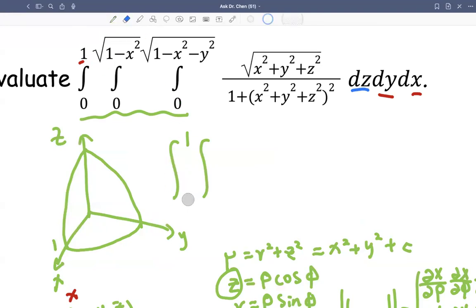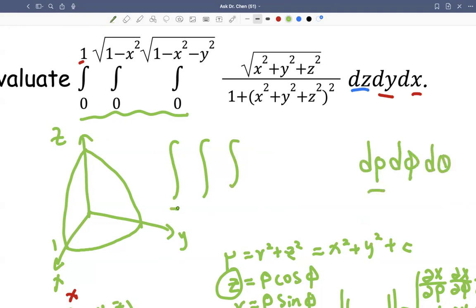Let's just rewrite it for spherical coordinates, rho, phi, theta. In the rho direction, the lower limit goes from 0, the upper limit goes to 1, because it's a unit sphere. So this tells us the unit sphere.